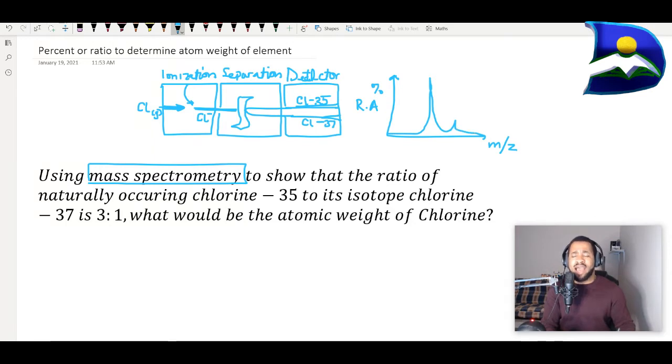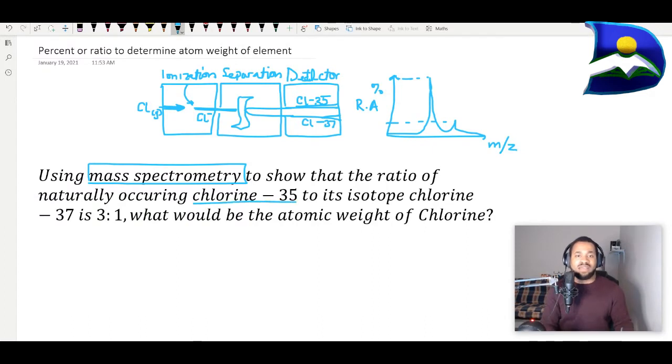And why do I have differences in the peak? The peaks tell you the relative abundance of that particular isotope compared to the other one. Therefore, looking at this question, it tells us the ratio of the amount of chlorine isotopes that are present here.